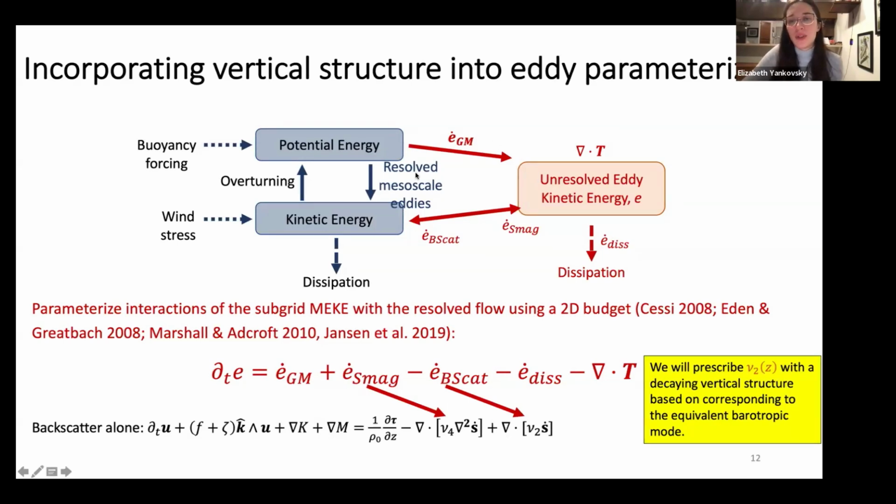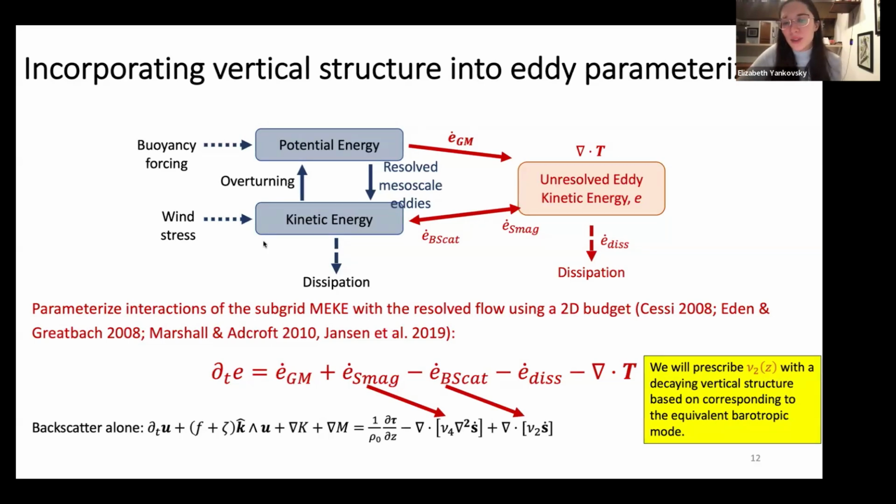Past parametrization approaches have tried to constrain some of these components, such as this Gent-McWilliams piece, which removes potential energy from coarse simulations. But one of the ideas that I've explored is incorporating vertical structure into how we parameterize the reinjection of energy that's driven by eddies. This is the backscatter component. Backscatter refers to energizing the flow in a way that's consistent with eddy dynamics.